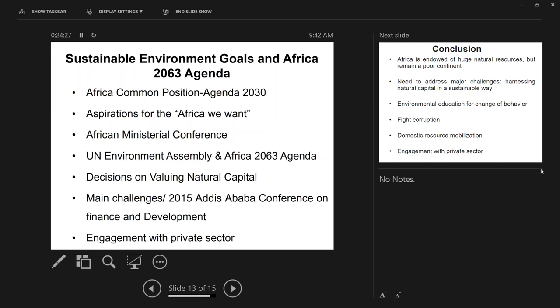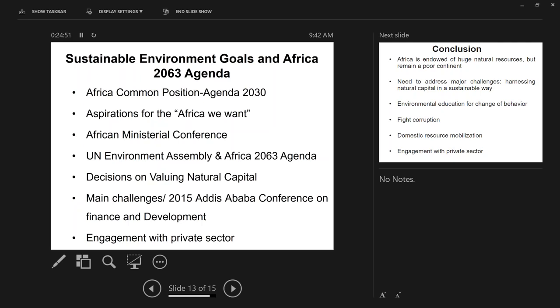That is very clearly highlighted by the African Ministerial Conference on Environment, which is a platform where ministers of environment of the 55 countries gather and make a set of decisions on key environmental issues on the continent.